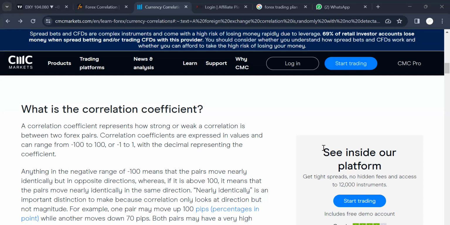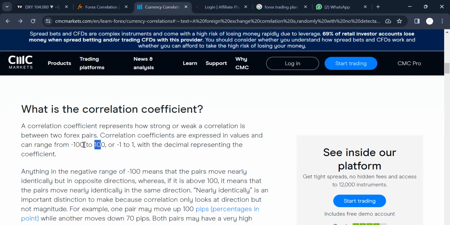So when the value is more negative, a bigger value, it means the two pairs are strongly negatively correlated. Look at this very well: -100 is a value between two pairs, and then another value is between two other pairs.